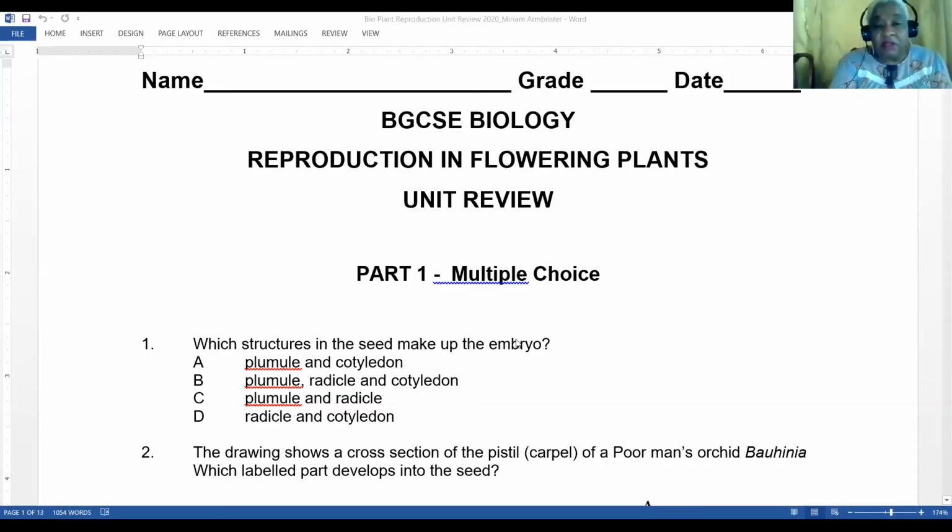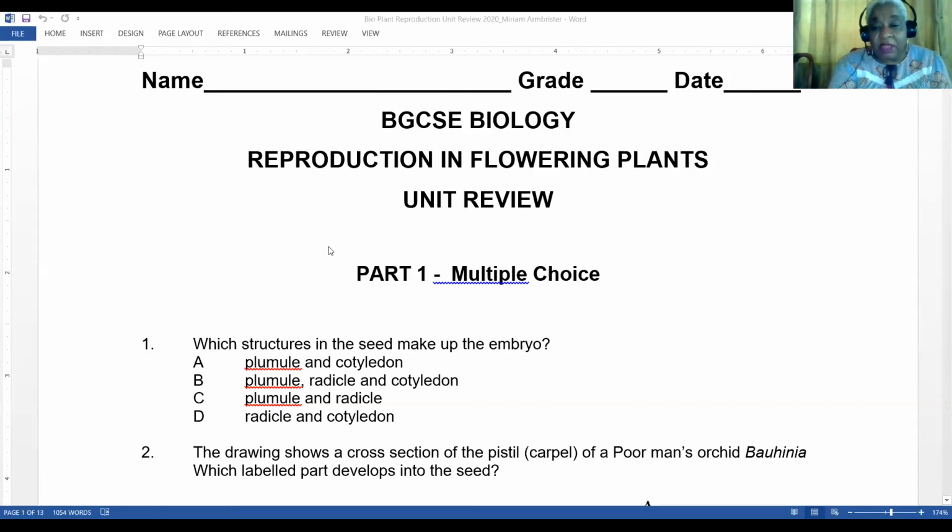Like I said, if you check the resources, there's a worksheet. Let me see if I can find it among my many things I have open. Here we go. This is the worksheet that's on the website, Reproduction in Flowering Plants.